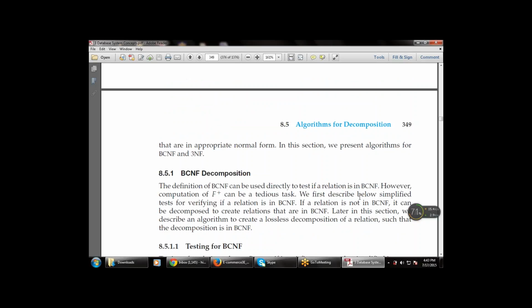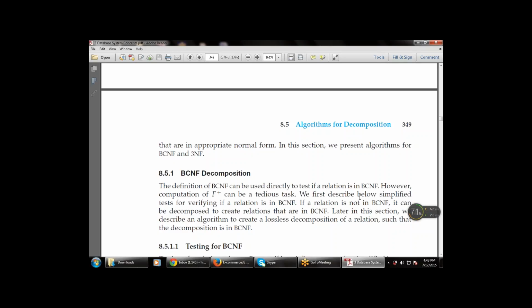The definition of BCNF can be used directly to test if a relation is in BCNF or not. However, computation of F plus can be a tedious task. We first describe below a simplified test for verifying whether a relation is in BCNF. If the relation is not in BCNF, it can be decomposed to create relations that are in BCNF.